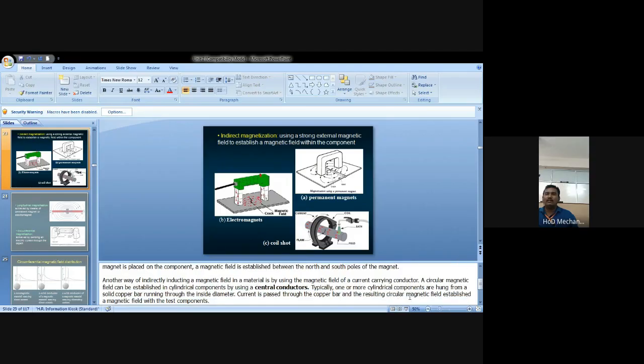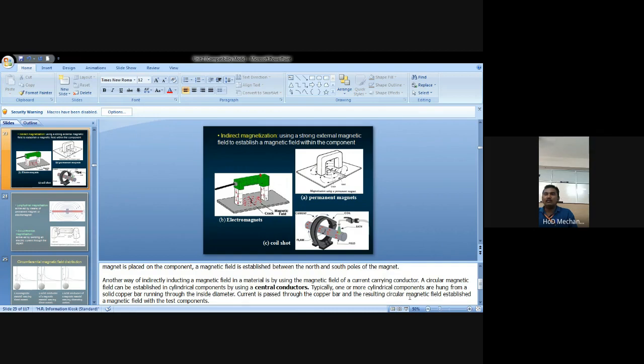Another way of indirectly inducing a magnetic field in a material is by using the magnetic field of a current carrying conductor. A circular magnetic field can be established in a cylindrical component by using a central conductor.